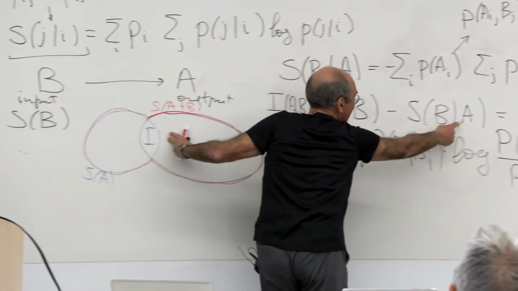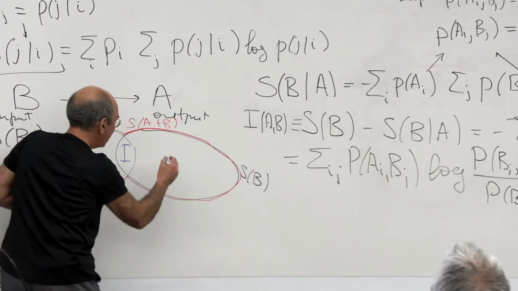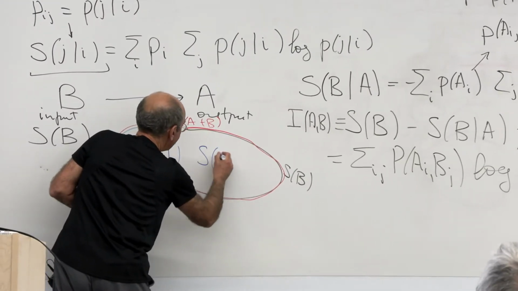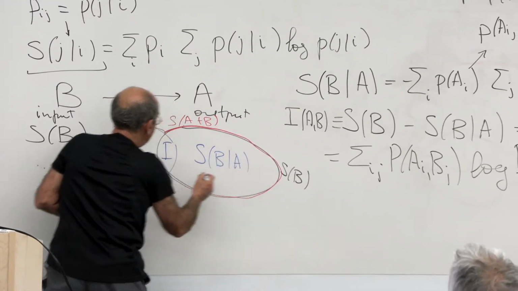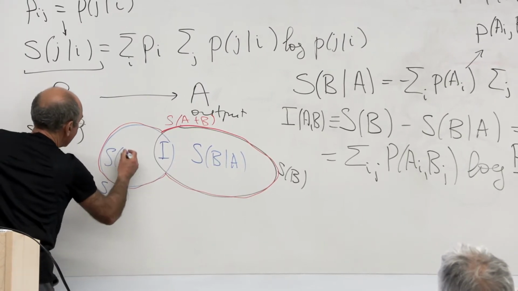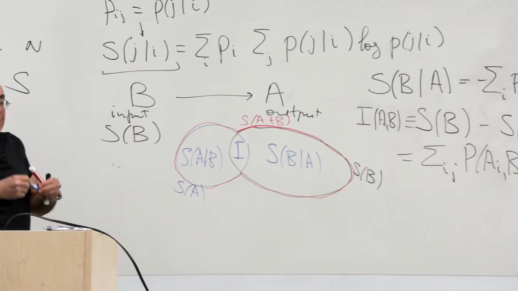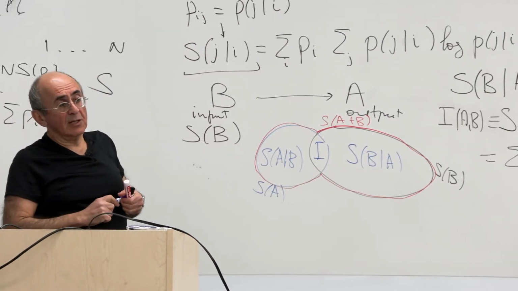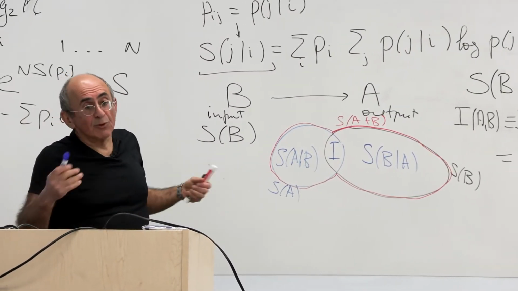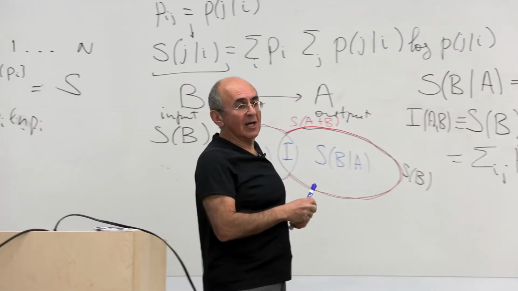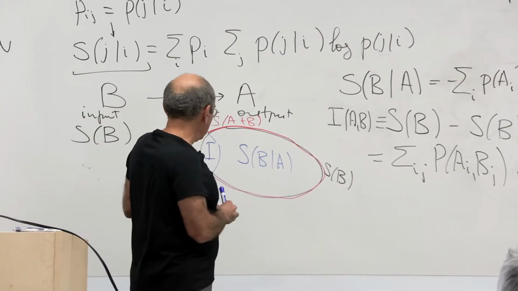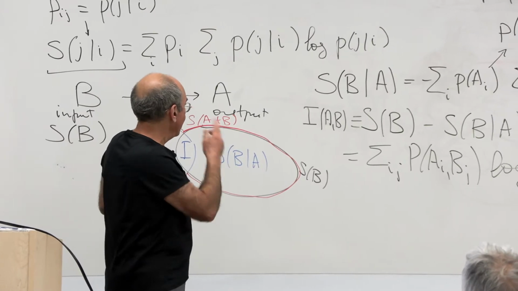It's a conditional, it is S of B under A, and of course this is S of A under B. So that's a whole symmetric Venn diagram, and it's a most used and usable formula and notion.